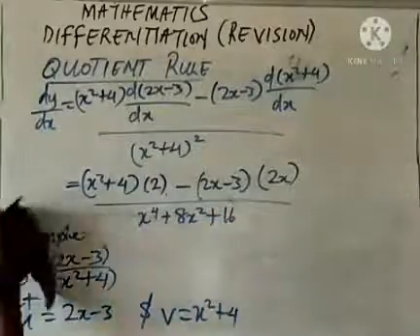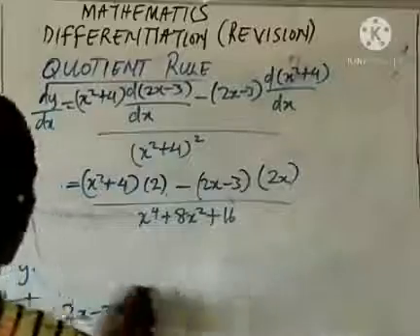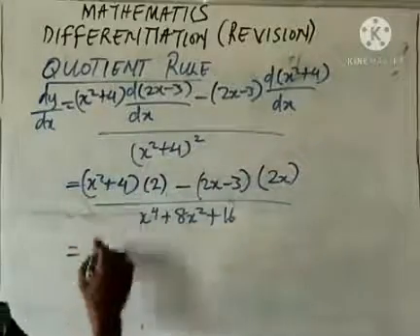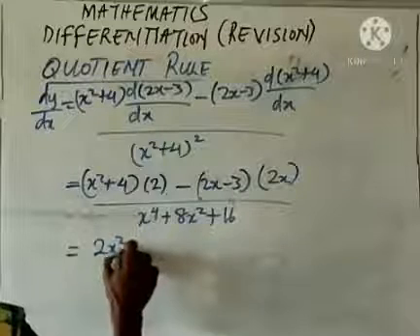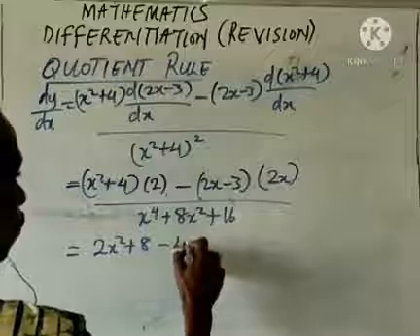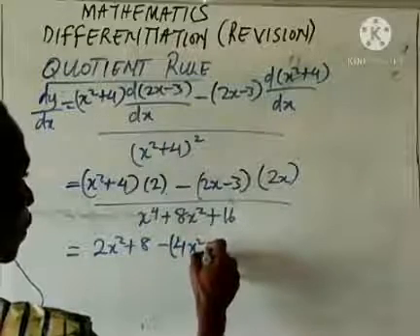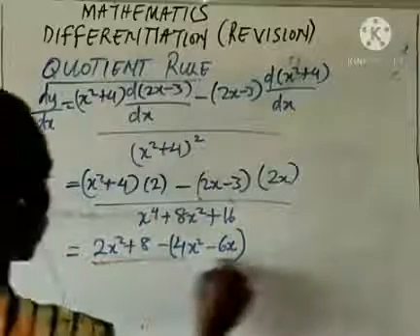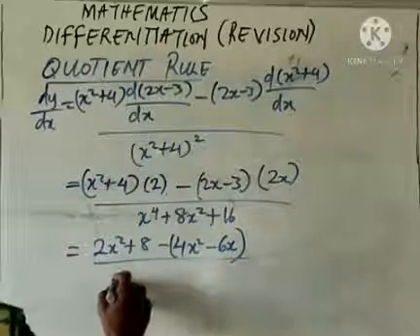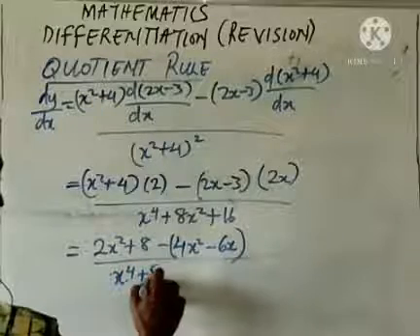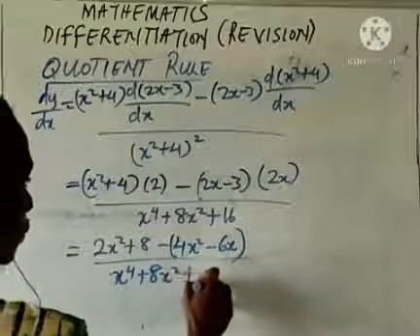So from there I'll have the expansion of 2x squared plus 8 minus 4x squared minus 6x, over x raised to power 4 plus 8x raised to power 2 plus 16.